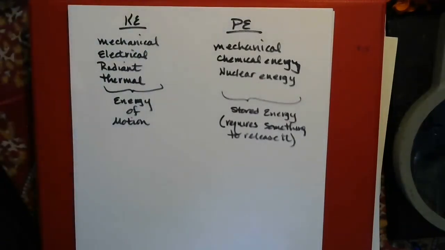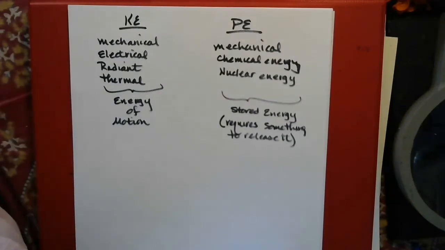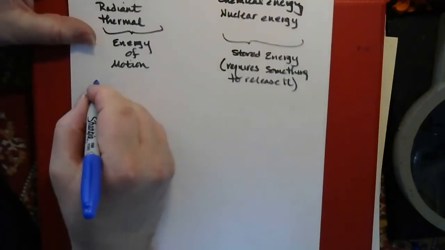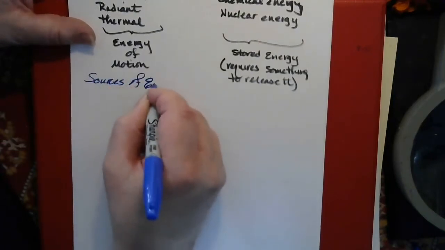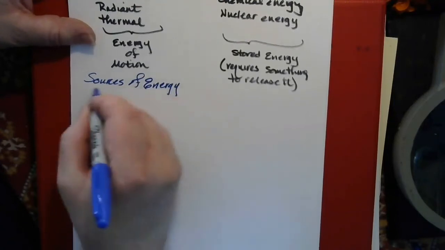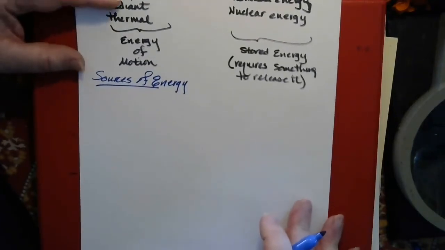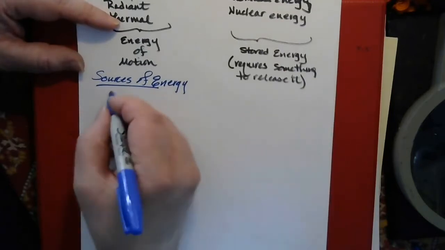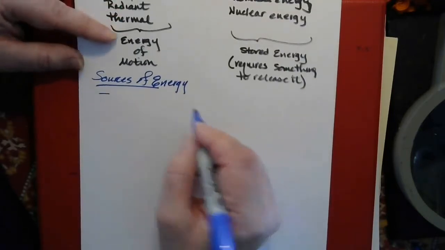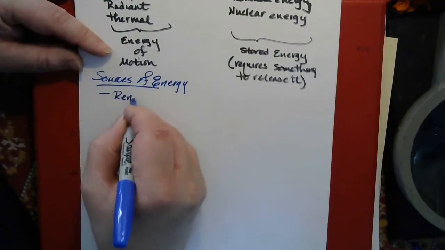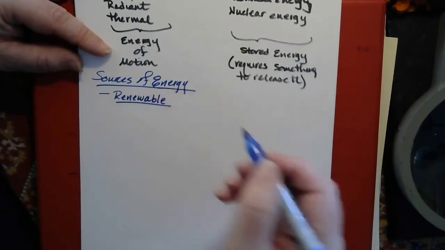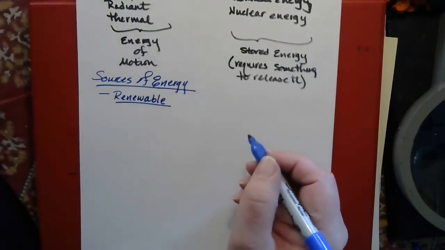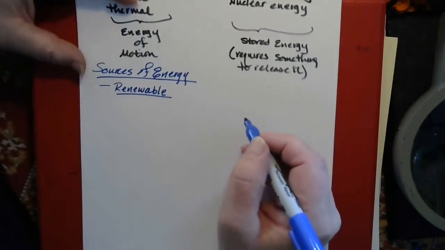Okay, so we've seen the forms of energy. Sources of energy. We have many different sources of energy, of course. And there are various ways to classify them. One of them is renewable versus non-renewable.